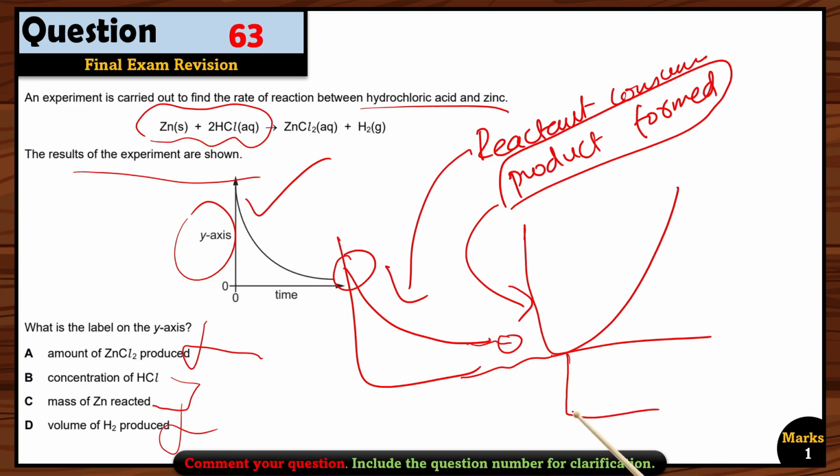So the graph would go from the bottom to the top. In the start, the amount consumed was less and now it is increasing, right? But the graph here is from top to bottom. So it means the concentration of HCl is the right option here. Why? Because we have more HCl in the start, and slowly the concentration will decrease because this HCl will be consumed. So that's why option B is the right option here.